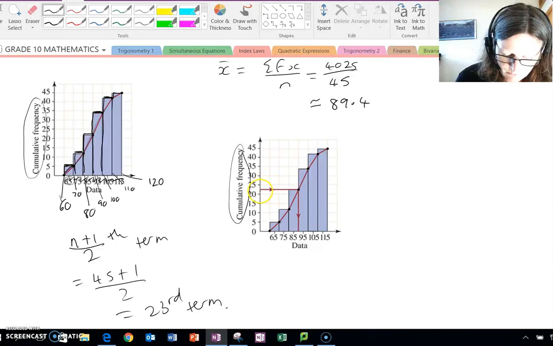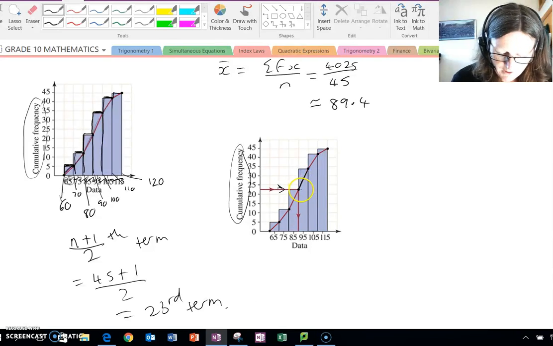At 23, we roll a line across until we hit our red line. So we go across here until we hit our ogive. Once we hit our ogive, which is here, we go down and see where this point is on our x-axis.